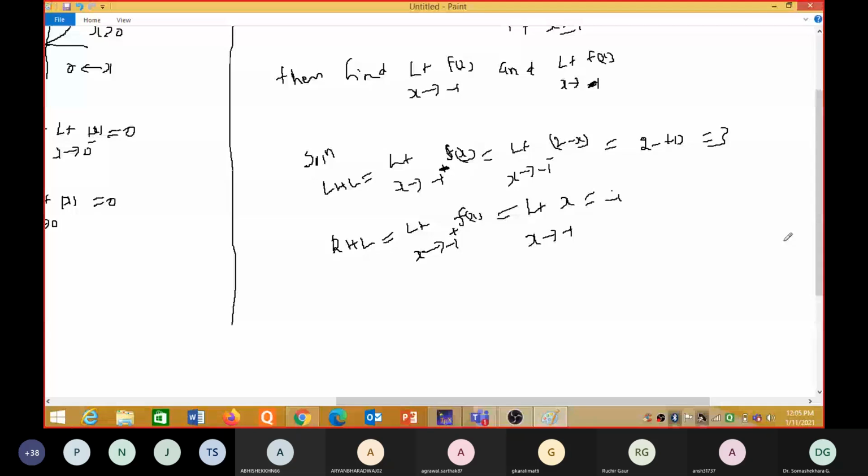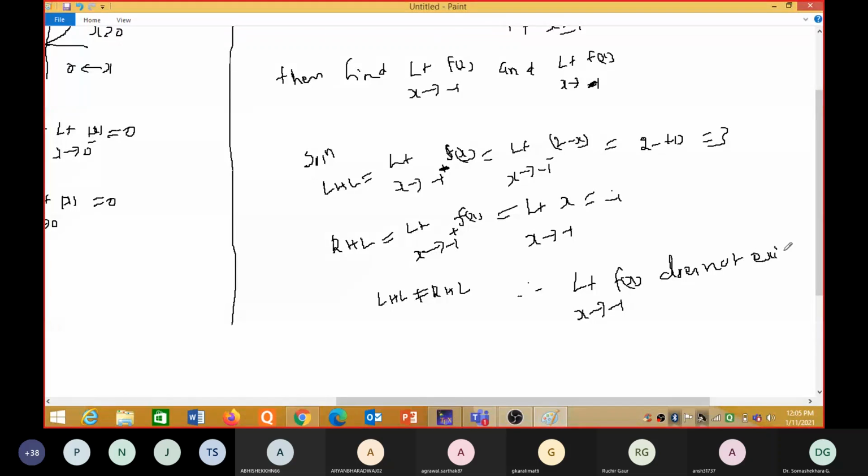To find the limit of f of x as x tends to minus 1, you should evaluate the left hand limit and right hand limit. Here we can say directly the limit does not exist. Therefore the limit as x tends to minus 1 of f of x does not exist.